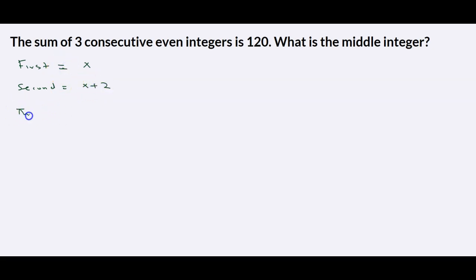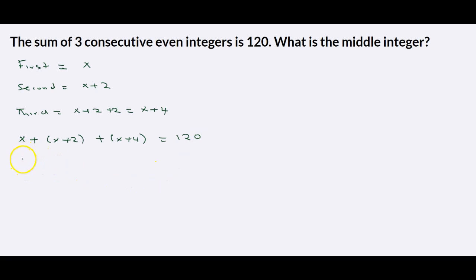And then your third one is going to be x plus 2 plus 2, which is going to be x plus 4. What we know about adding this is that we're looking for the sum of 3 of them. So it's going to be x plus x plus 2 plus x plus 4 equal to 120.